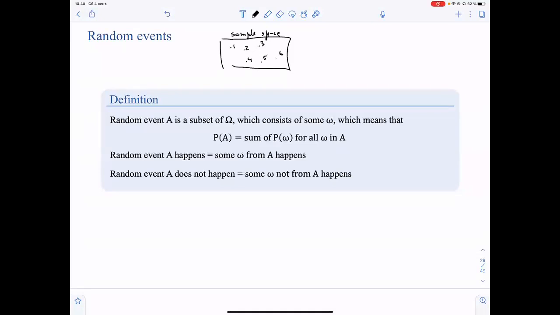All right, they are elements, they never intersect. Therefore, the probability of any event is always a sum of the probabilities of the elementary outcomes included in it. For example, to evaluate the probability of an even outcome, I take the probability of 2, 4, and 6, and their sum gives me the probability of my random event.